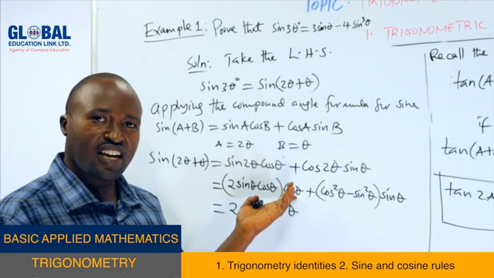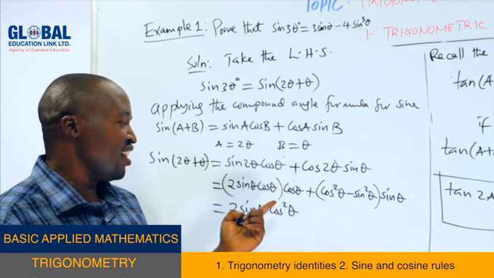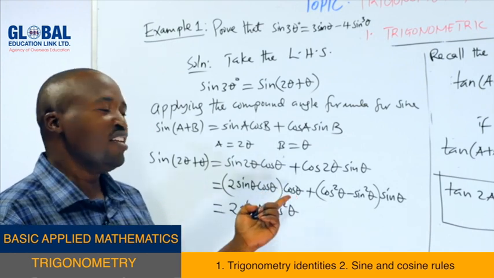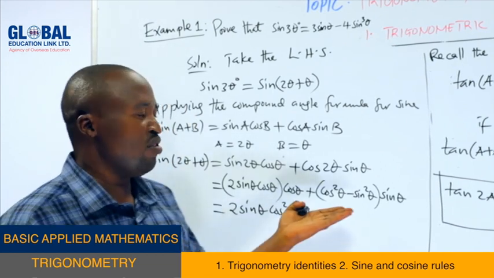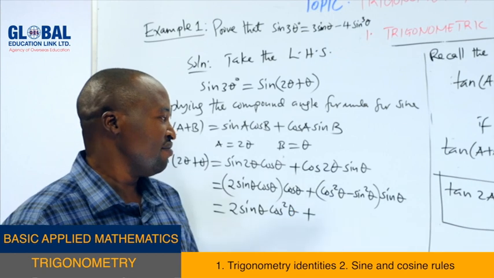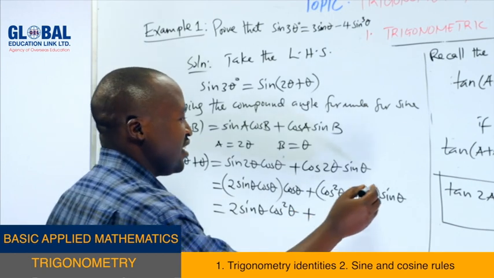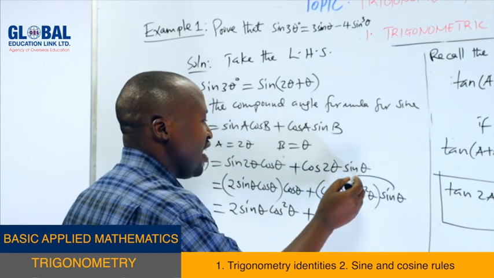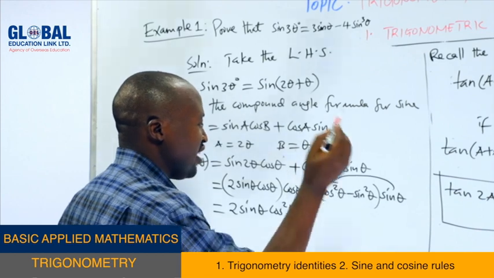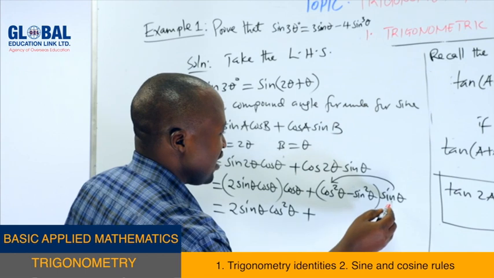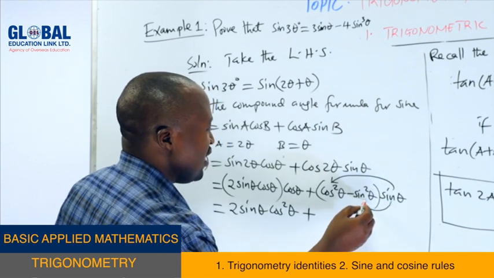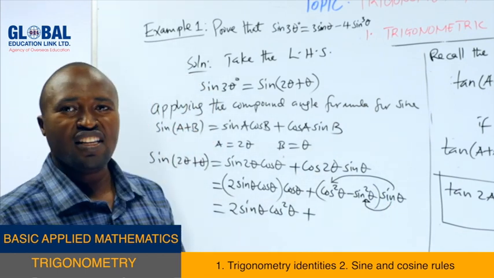Because cos theta times cos theta is cos squared theta. Then plus, again we open up the bracket here by taking sine theta times cos squared theta, and again minus sine theta times sine squared theta.